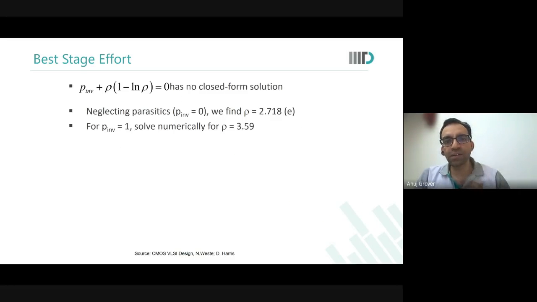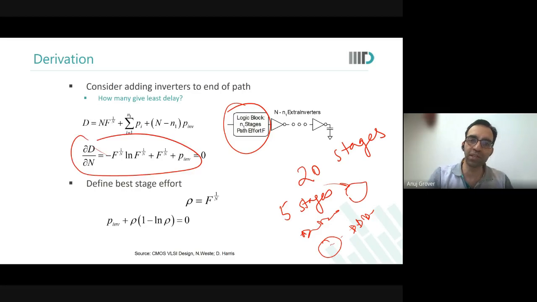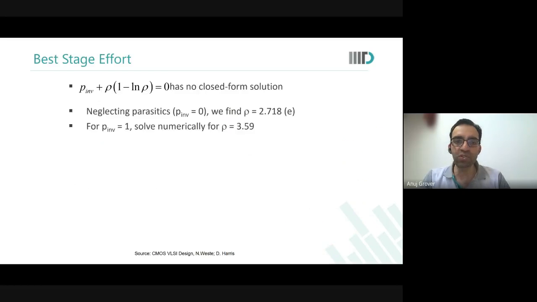And in terms of the best stage effort, we will finally come to the same S formula. As I already mentioned, there is no standard formula or solution for this. You will typically see that the stage ratio people keep is of the order of 3 to 4 when the output capacitance is very, very high.